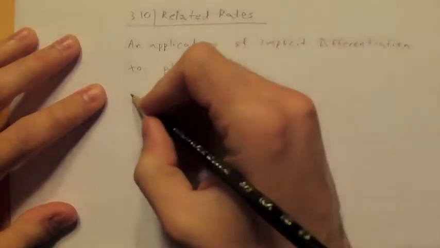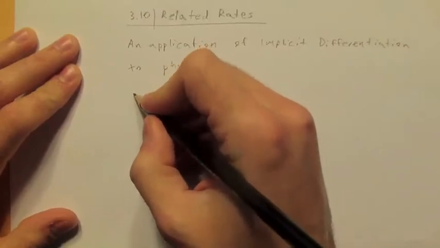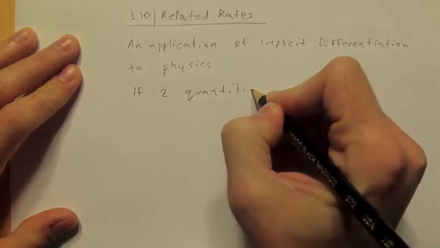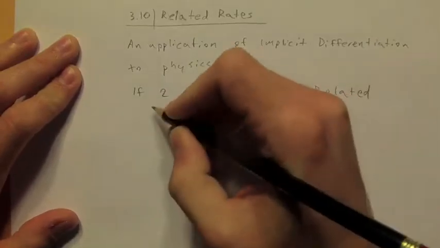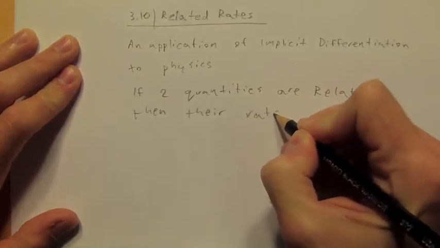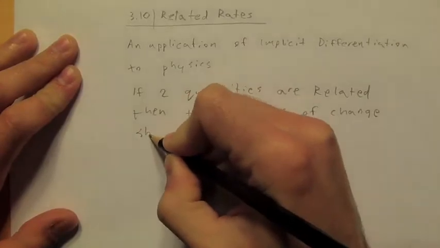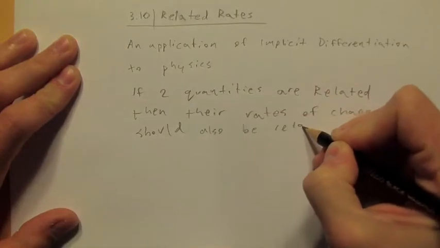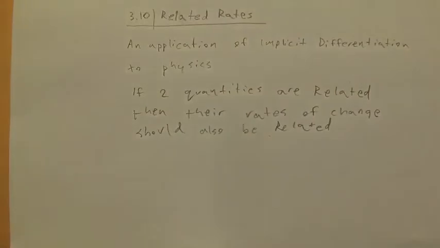So, let me just write that: if two quantities are related, then their rates of change should also be related. And that's where the term related rates comes from.